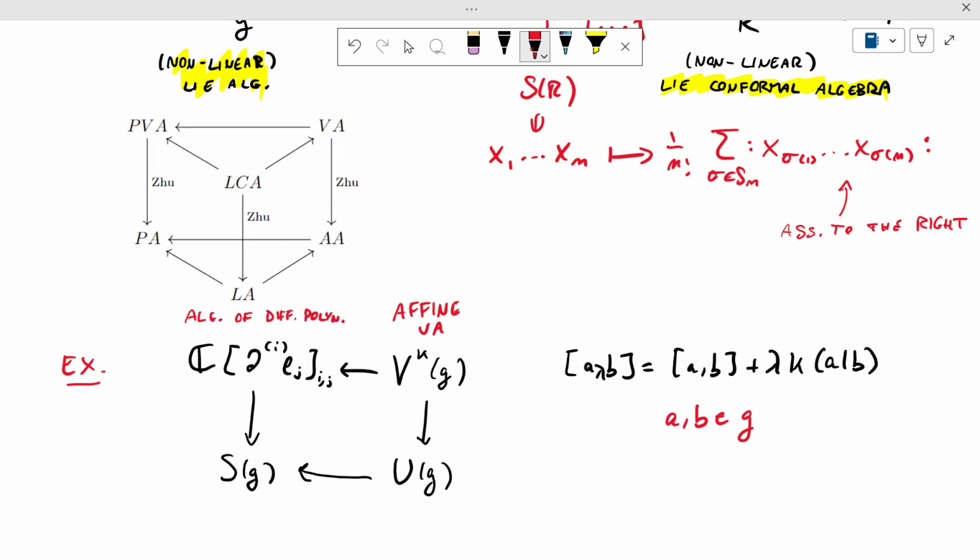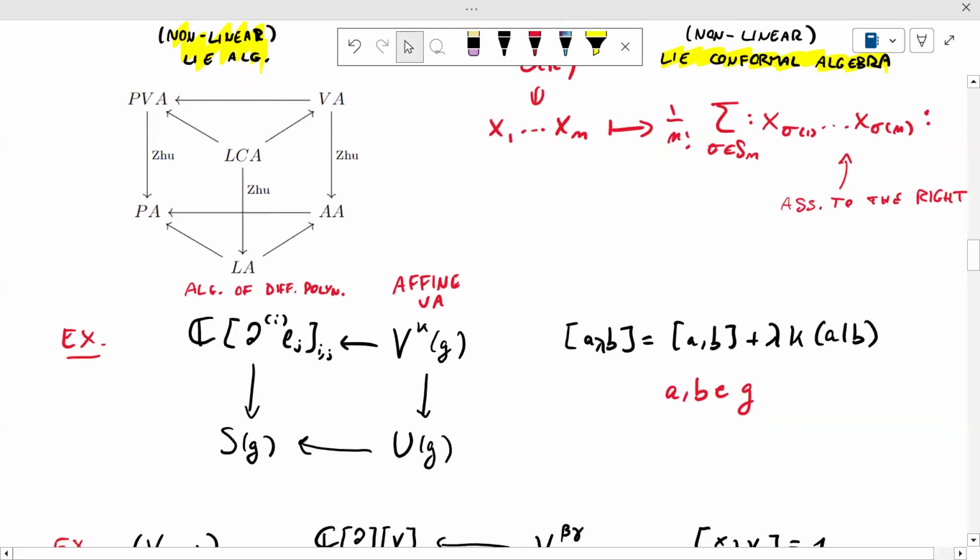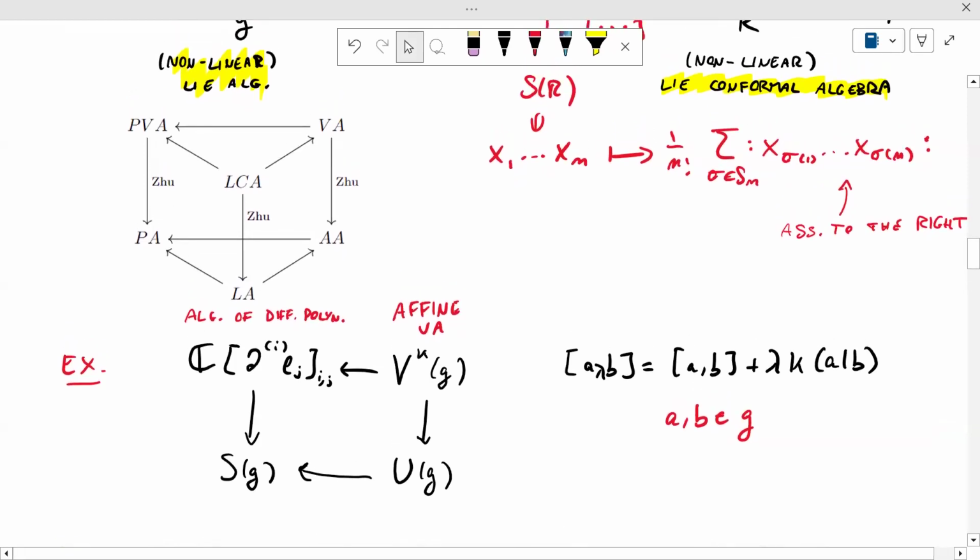So you can think of it as the polynomial algebra generated by the elements of G and all their formal derivatives. Again, here we use the symbol del, which actually means T in the vertex algebra.